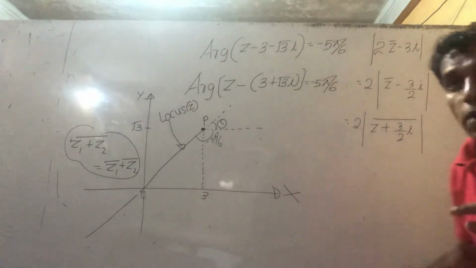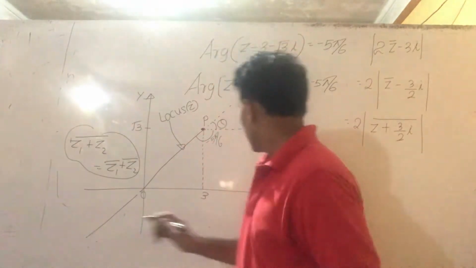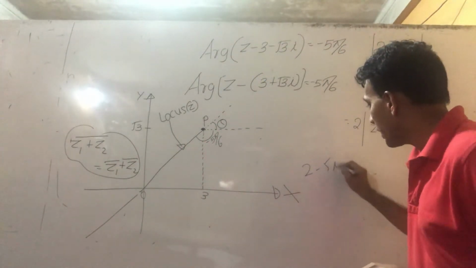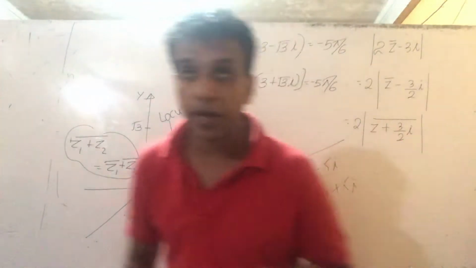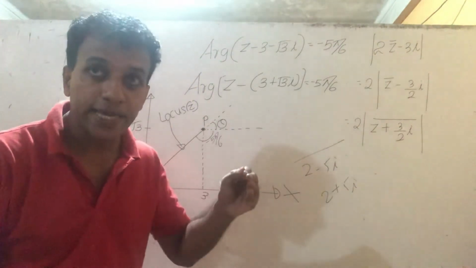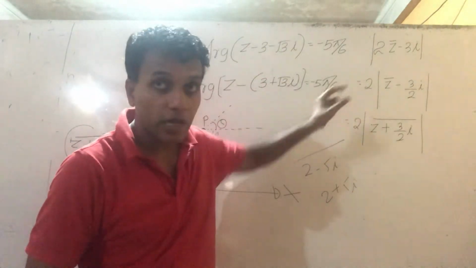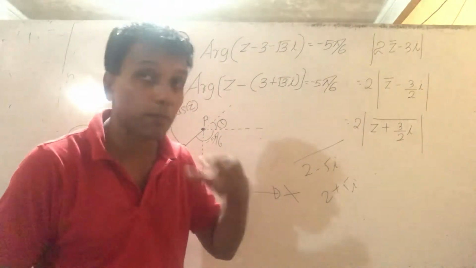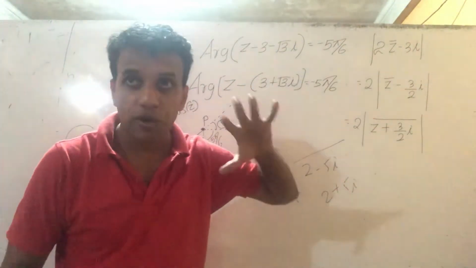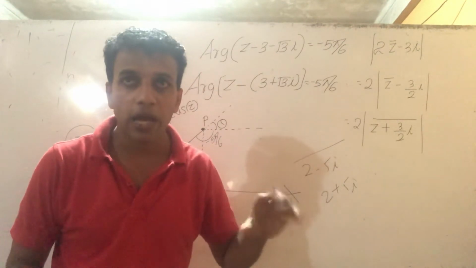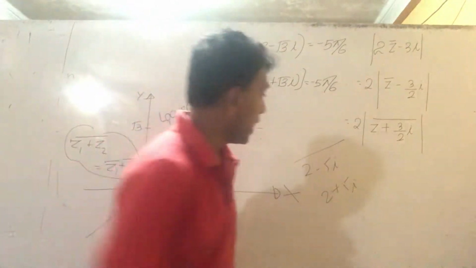The bar of a complex number is its conjugate. The bar of i is minus i. If it's 2 minus 5i, what is the bar of that? 2 plus 5i. Therefore, the bar of i is minus i, right? For a constant number there is no change under the bar, but the bar of i is minus i.